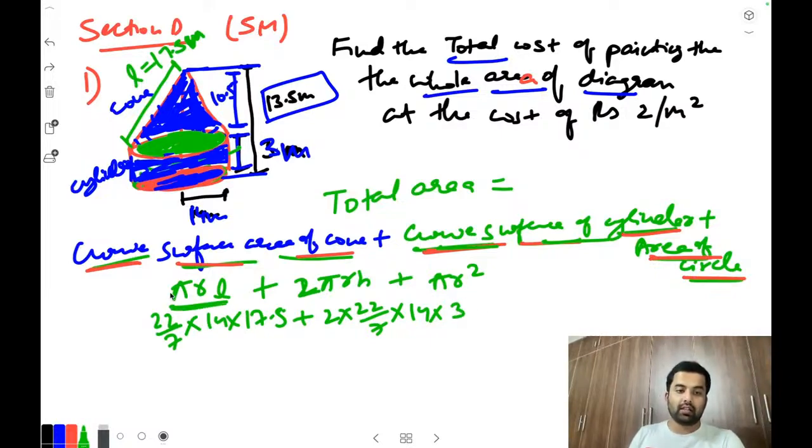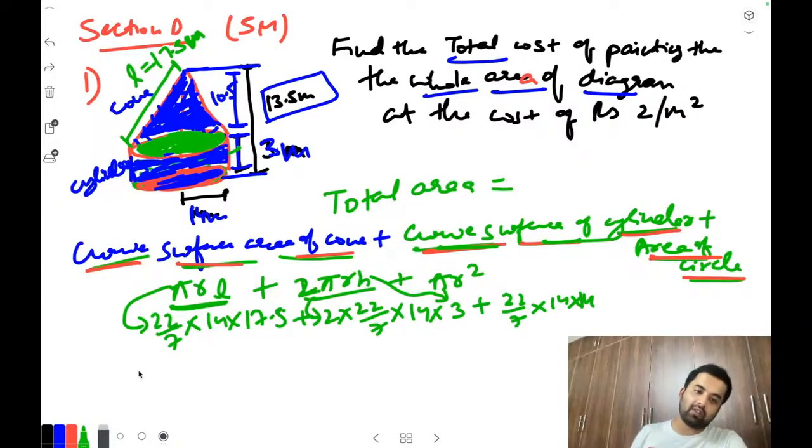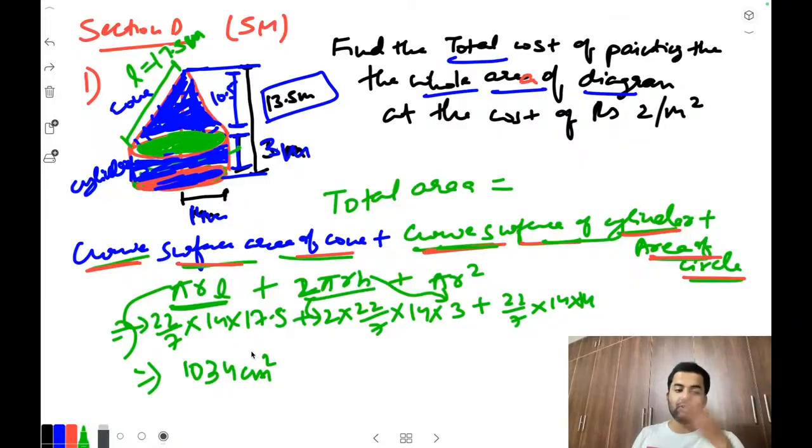Here it is a cone part. This is the cylinder, so the H value will be 3 here. Remember this. Plus pi r square: again 22 by 7 into R value, 14 into 14. After doing all the calculation, you will get 1034 centimeter square.